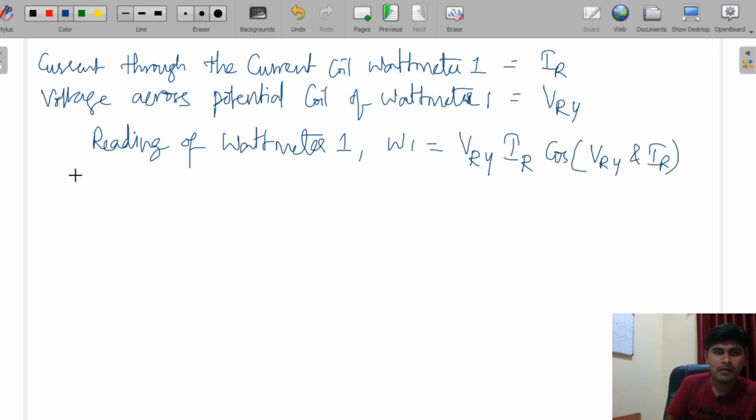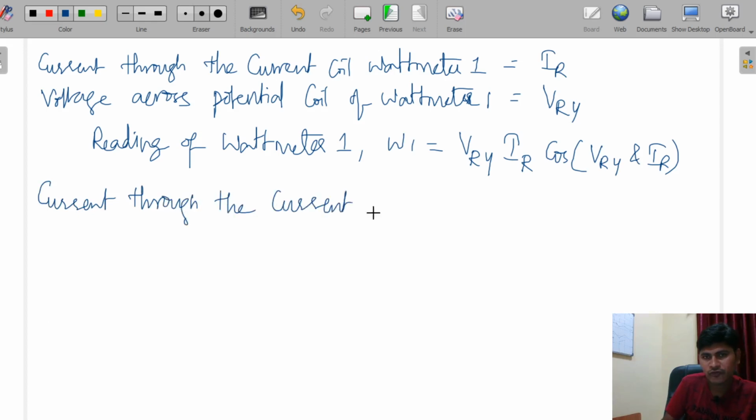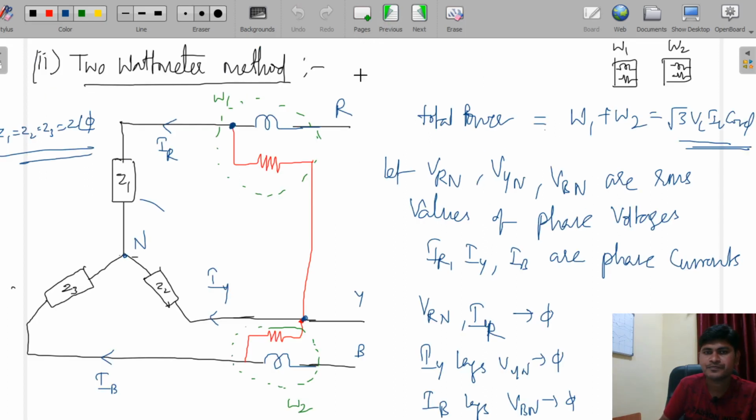Now coming to the current through the current coil of wattmeter 2. The current coil of wattmeter 2 is placed in this line, so it measures the current flowing through this line, that is IB.